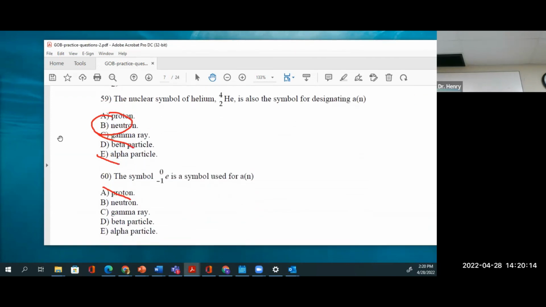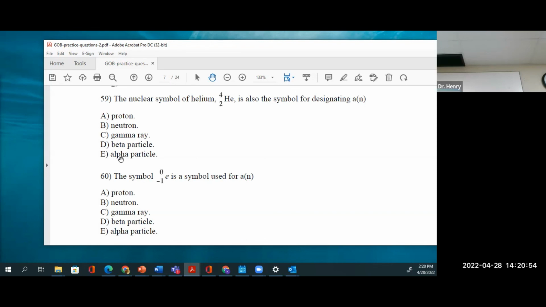The nuclear symbol for helium, 4He2, is also the symbol for designating a blank: proton, neutron, gamma ray, beta particle, or alpha particle. See, gamma ray. Okay, so let me help you out a little bit here.